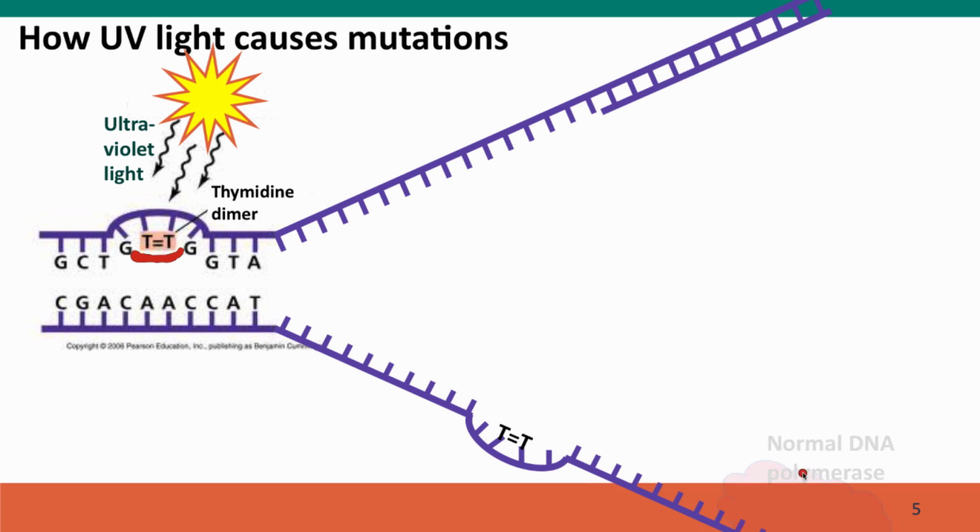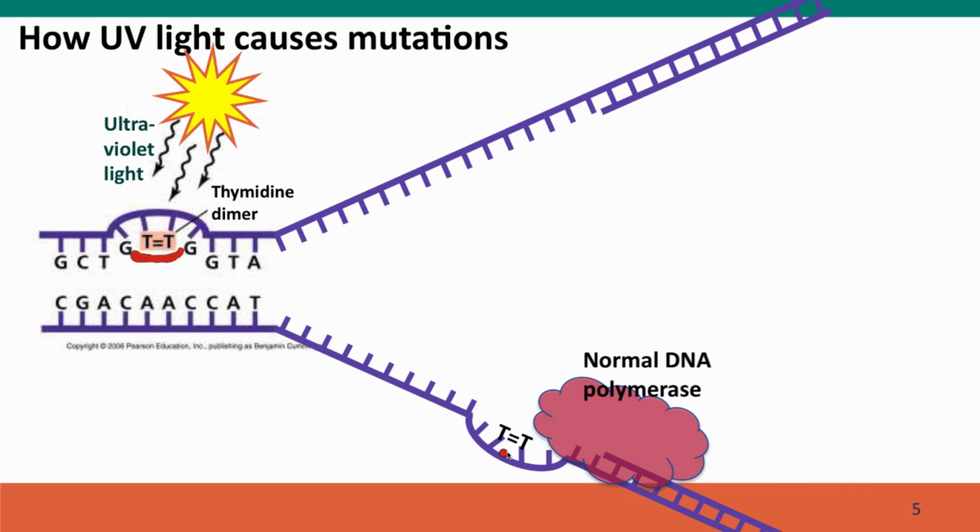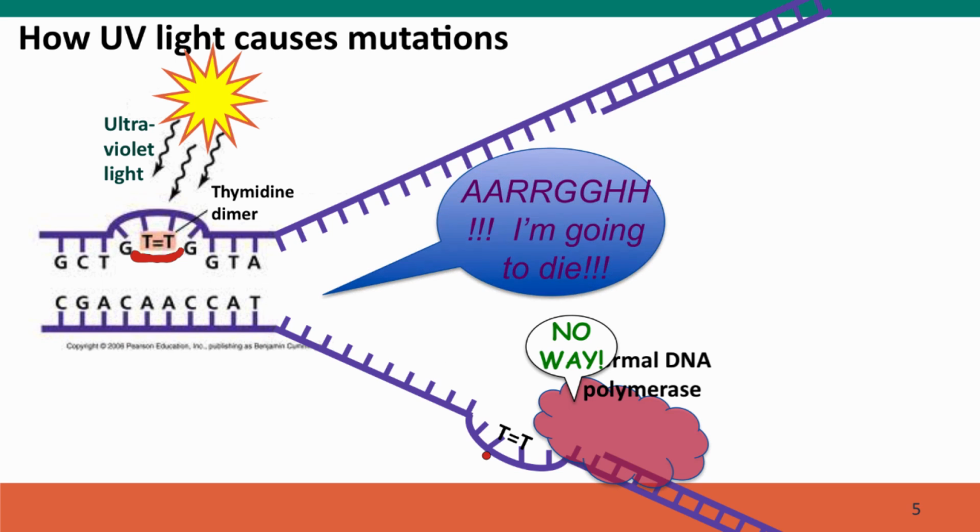So when DNA polymerase encounters this sort of DNA damage, it cannot replicate it. It just stops, says, no, this is not something I can handle. I can't make base pairs when the bases are covalently bound to each other. And this is very serious for the cell, because if the cell can't replicate its DNA, it's going to die.